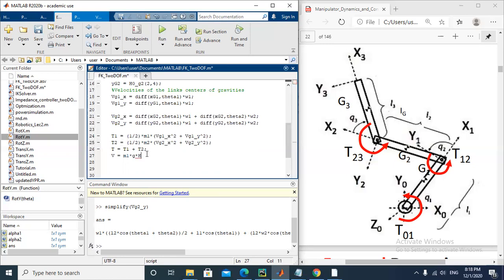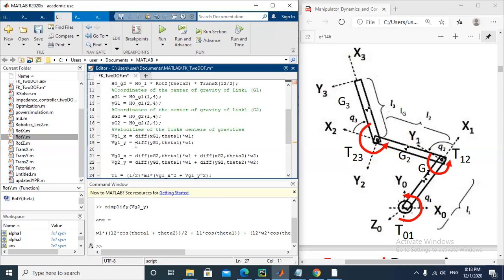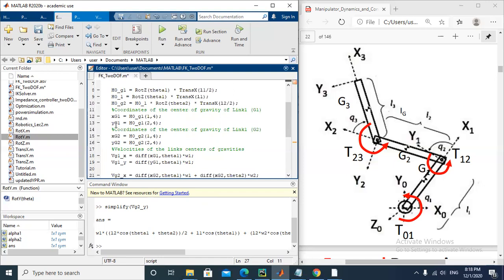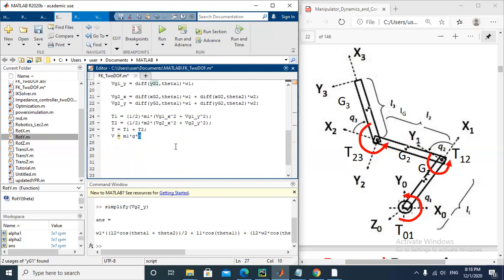You take the homogeneous transformation, or it will simply be yg1. We already have it. So m1 g yg1 plus m2 multiplied by g multiplied by yg2.